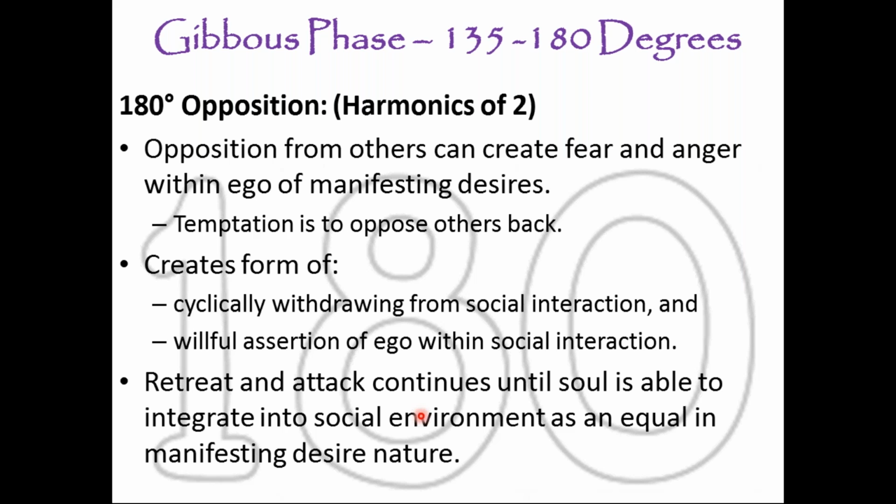And so we can go back and forth. And so it will create cycles where, again, we withdraw. We withdraw from others or from society. We withdraw from trying to manifest our desires. Pluto via Mars, opposition. It also creates the cycles where, again, then we attempt to go for it.